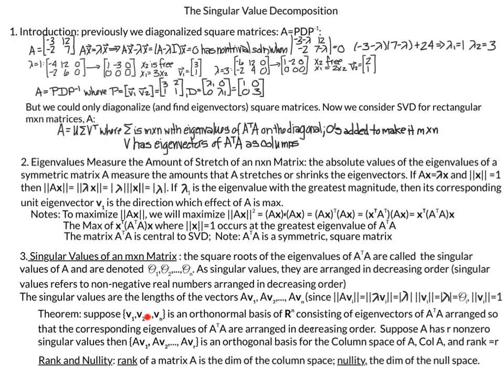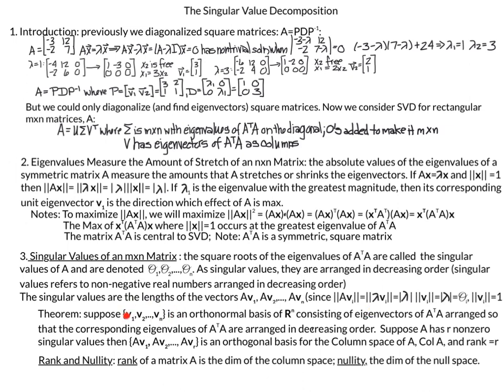So suppose you're given an orthonormal basis of Rn consisting of eigenvectors of A transpose A. Remember, A transpose A is a square matrix, so it's n by n, so its eigenvectors will form a basis for Rn.